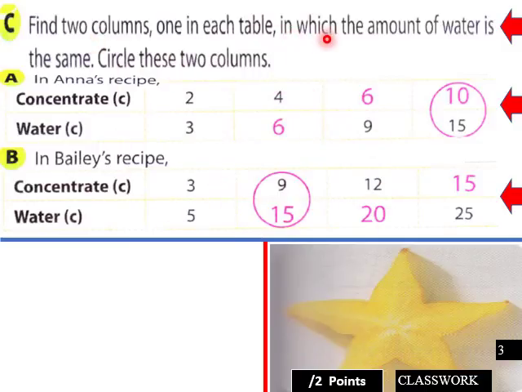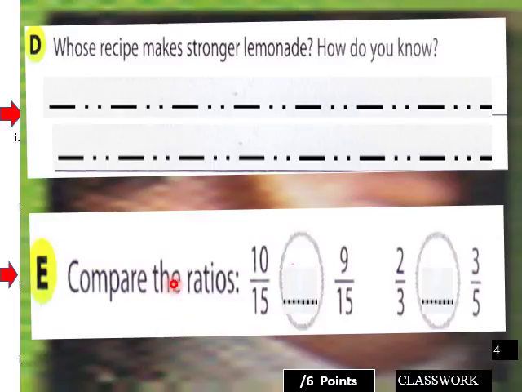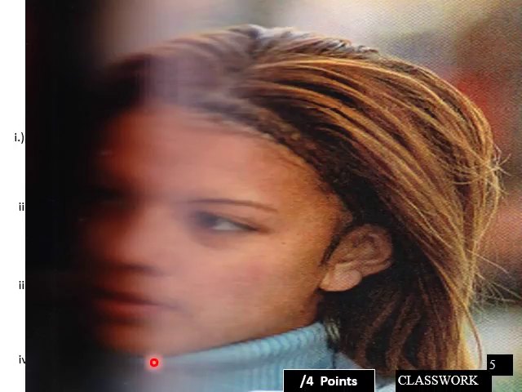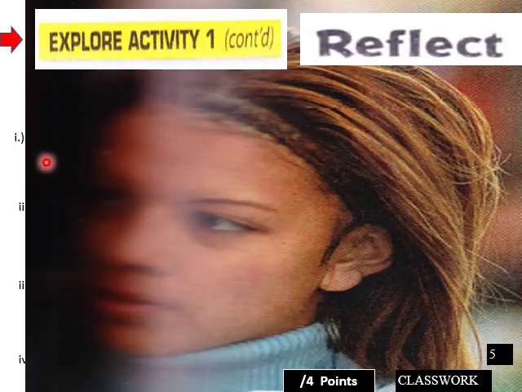It looks like Anna's is a little bit stronger in concentrate. So whose recipe makes stronger lemonade? How do you know? You can go back and fill that in, students.